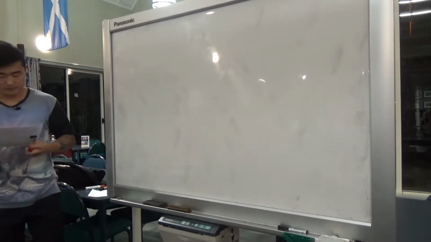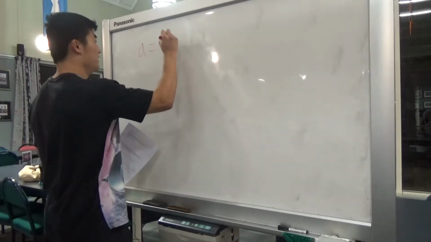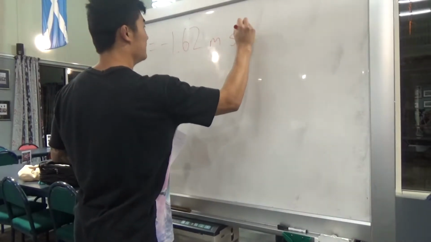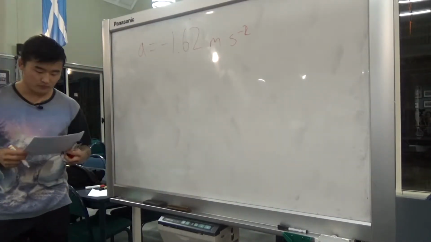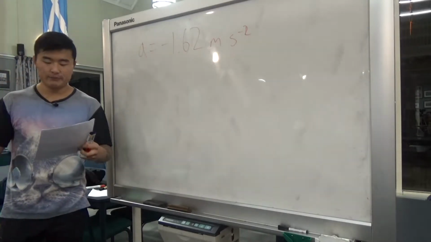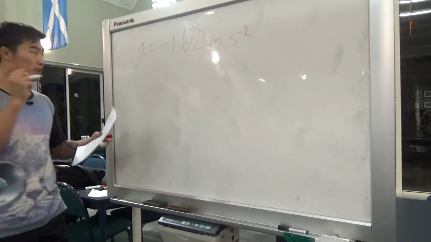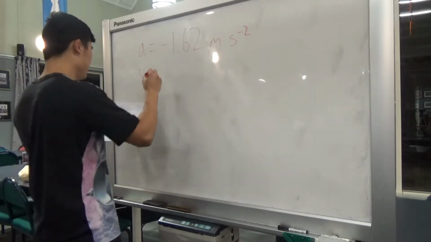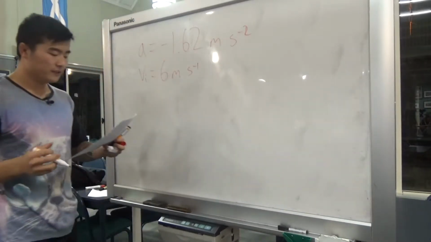So we know that the acceleration will be equal to negative 1.62 meters per second squared, and we're saying that acceleration will be negative because it's downwards and our initial velocity is upwards. So our initial velocity Vi is 6 meters per second, and that will be positive.